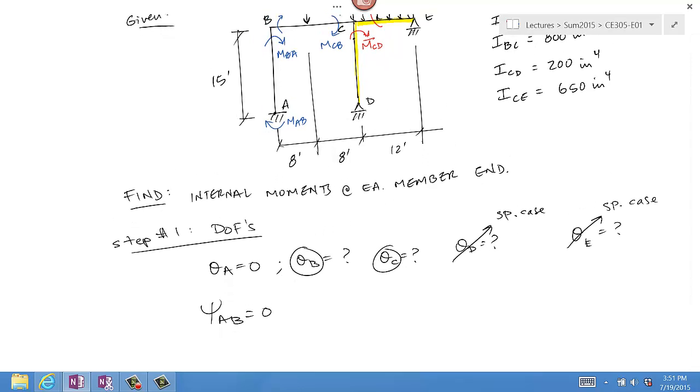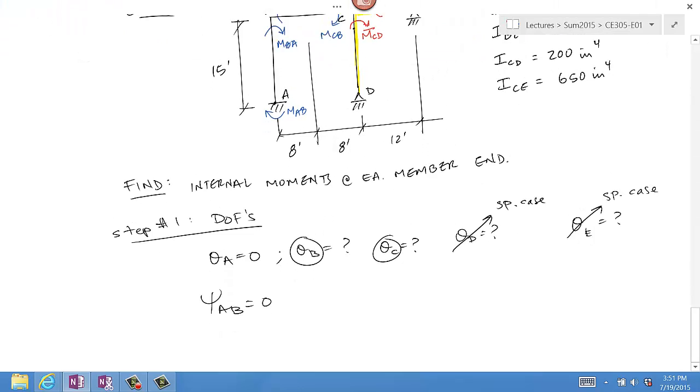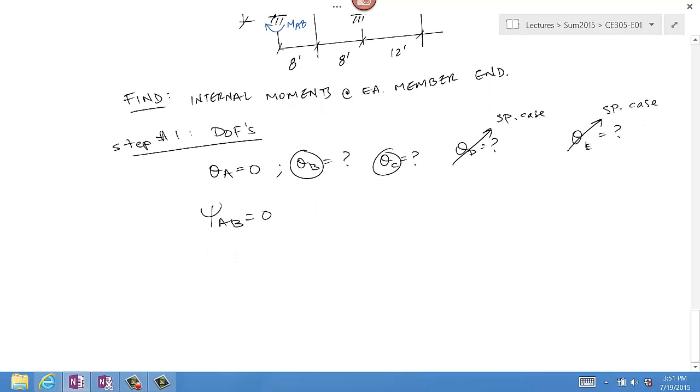So to summarize, for this problem, psi AB equals 0.